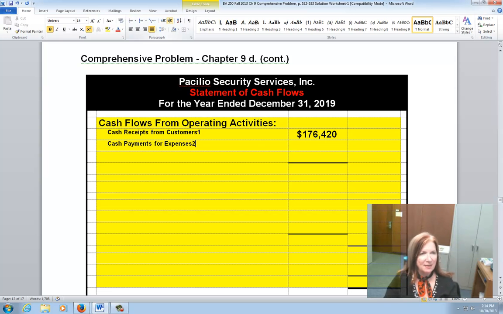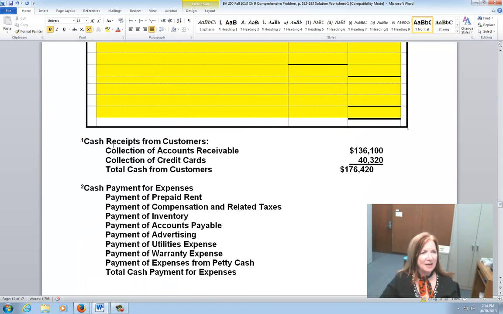And that's going to be my number 2. And so I'm going to come down here, and I have my cash payment for expenses. So I have to go find these cash payments for expenses. Now I can see how far these taxes are going to take me out here. So when I put in this rent, I'm going to want to put it over there where I put the ones above.